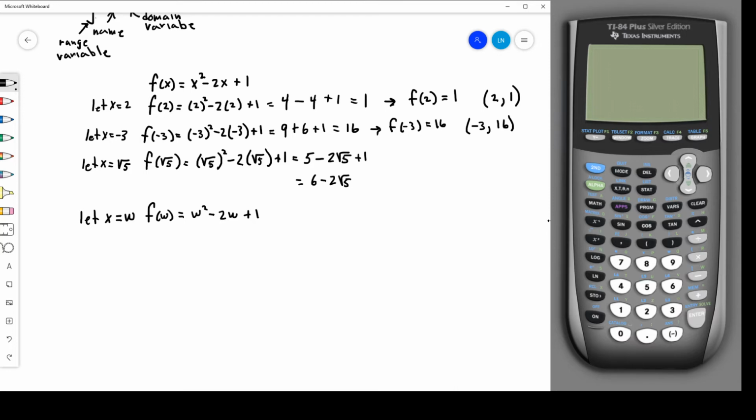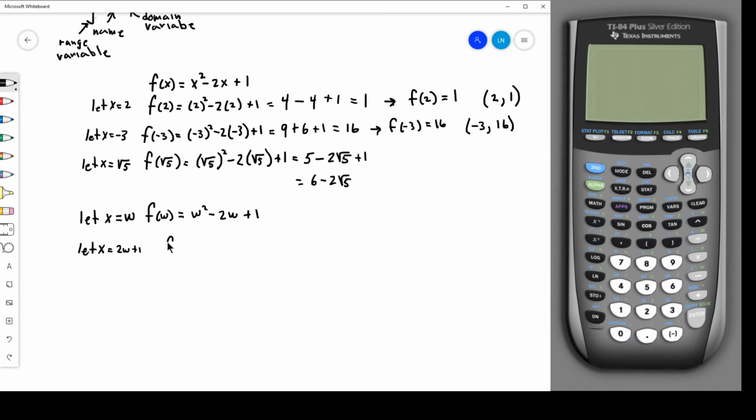Now you may also have more of a formula, okay? Maybe you're working with length and width, and you have length in terms of width, and you have to plug length in. So maybe we have x equals 2w plus 1.